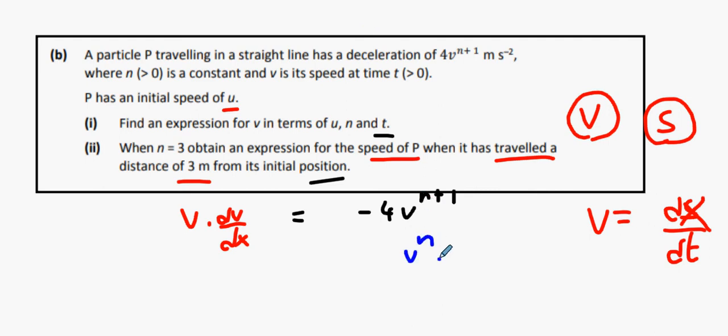Phi to the power of n, phi to the power of 1, right? What happens if I cancel phi off both sides? What's left? Phi to the power of n. Bring the phi n underneath. You get 1 over phi n dv equals minus 4 plus dx, isn't it?